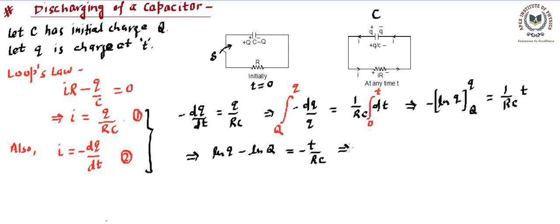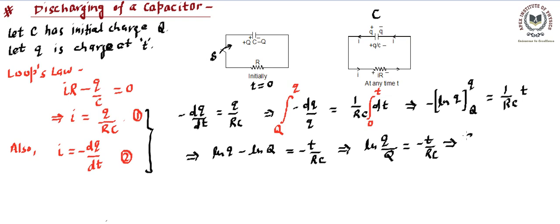Then we can apply the rule of logarithm, in which the subtraction of logarithms leads to division of the numbers, so ln of q by capital Q is equal to minus t upon RC. Further, we can convert this logarithm into an exponential term.